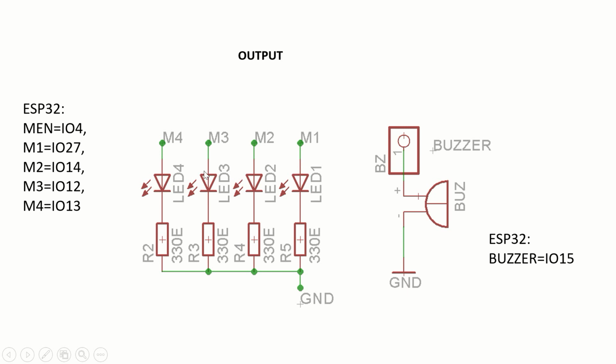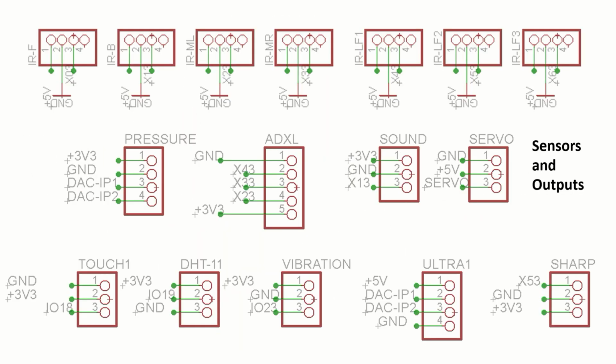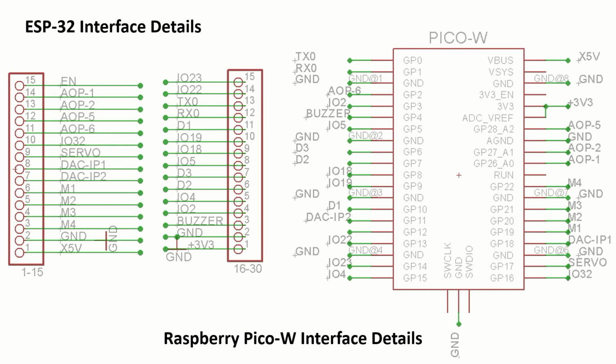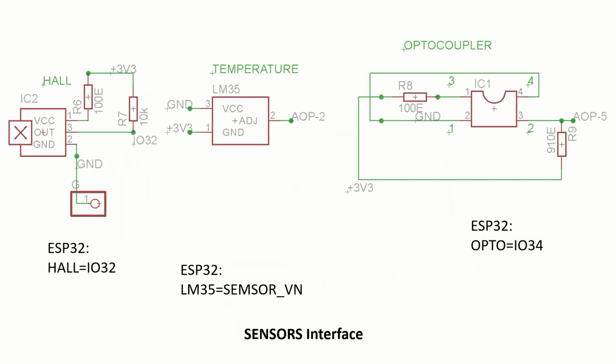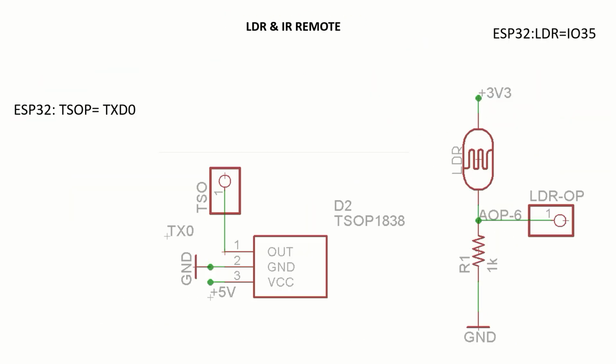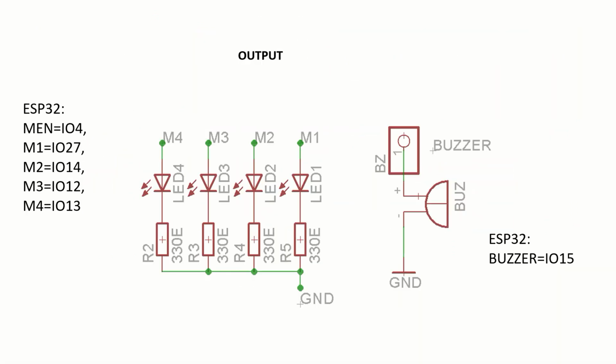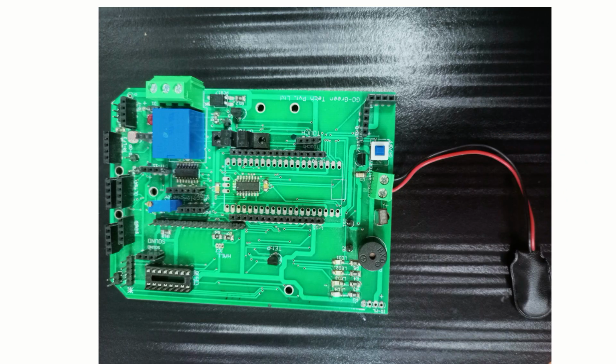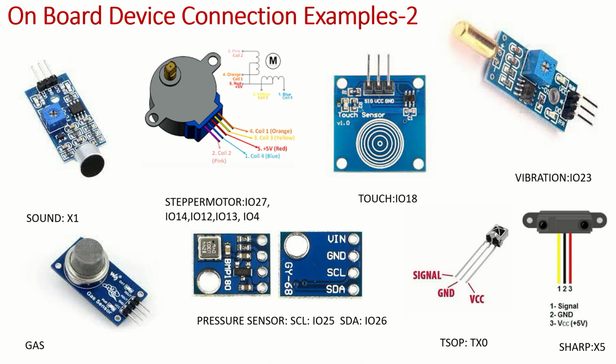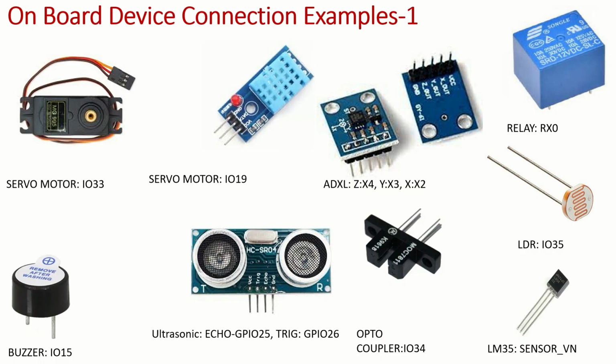Either you use the built-in LED, if you remember we wrote the first program about the built-in LED, or you can use any of these 4 LEDs, M1, M2, M3, M4, which are connected to microcontroller pins.